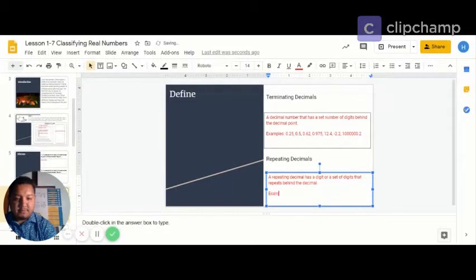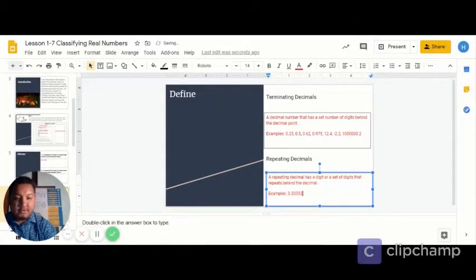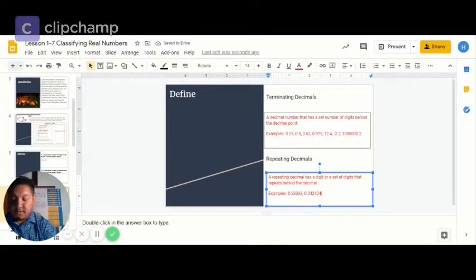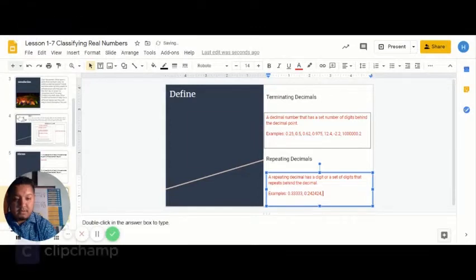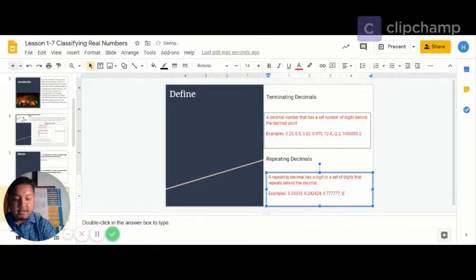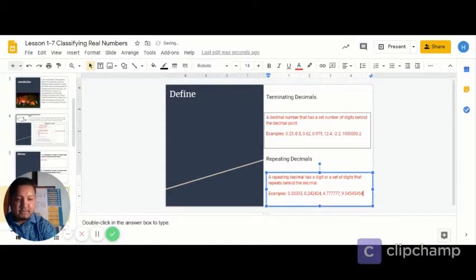So, some examples include 0.33333 and so on, 0.242424, okay? Or it can be, for example, 4.7777 forever, okay? Notice how these numbers here have one digit or a set of digits that repeats. Those are called repeating decimals.